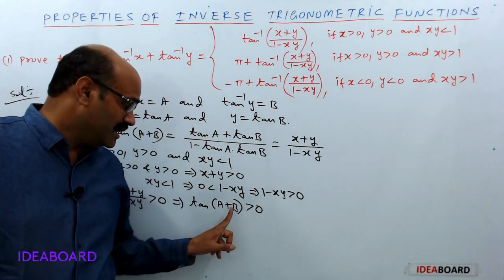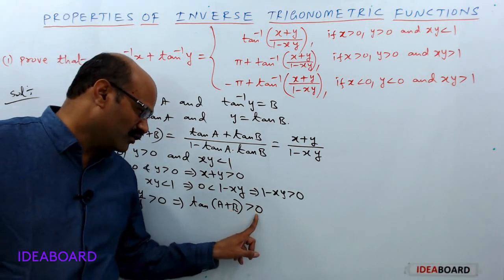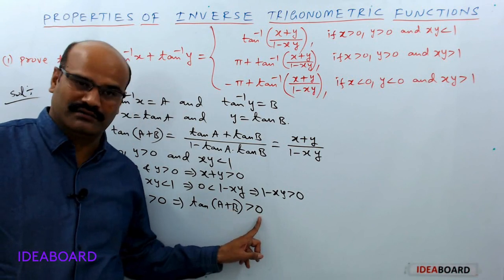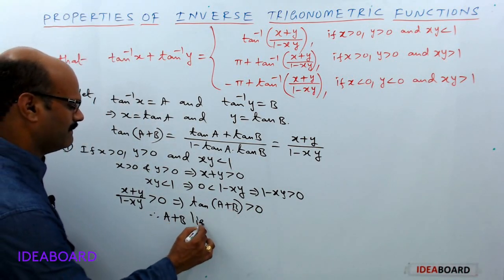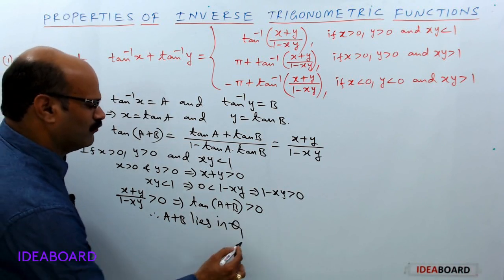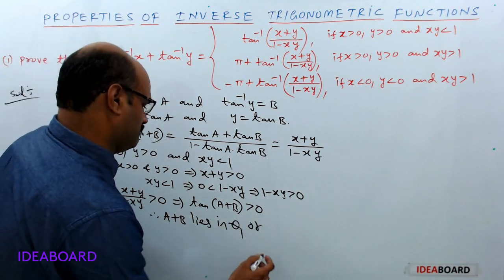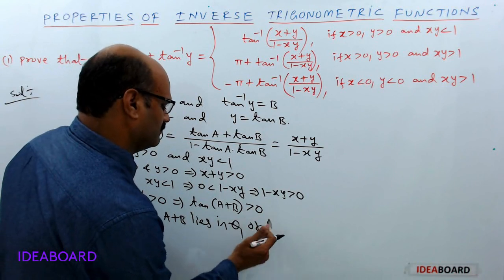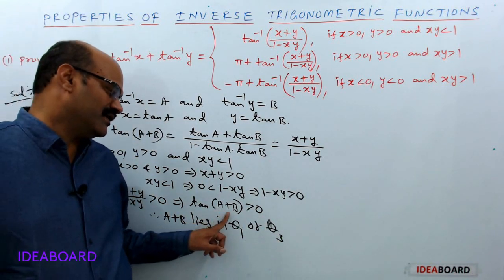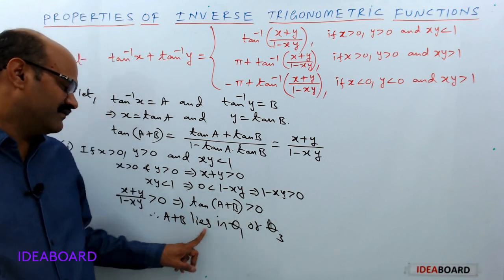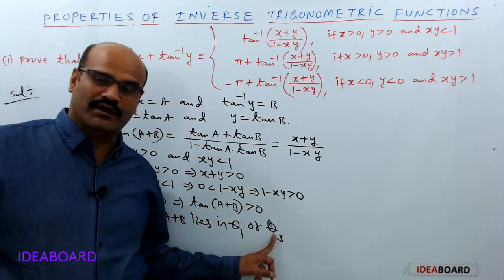So here a plus b lies in the first quadrant or in the third quadrant.